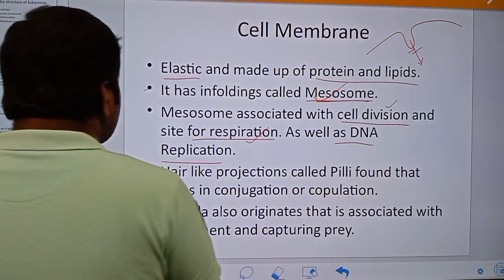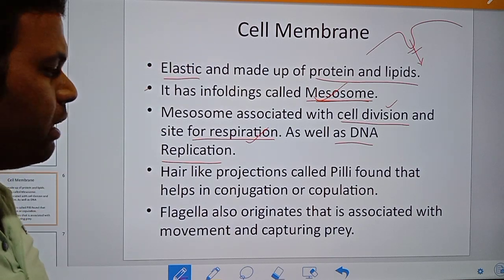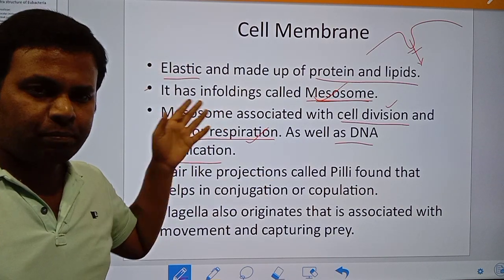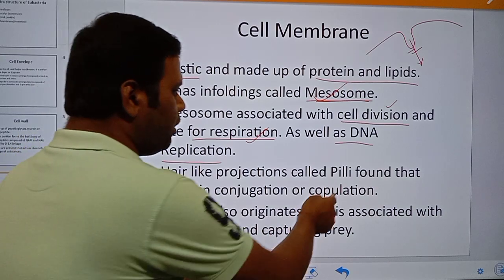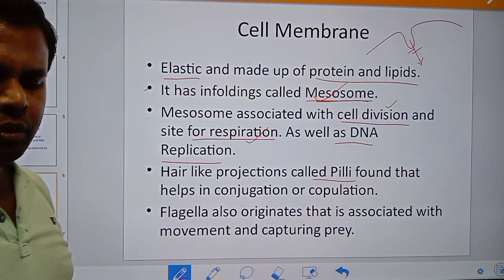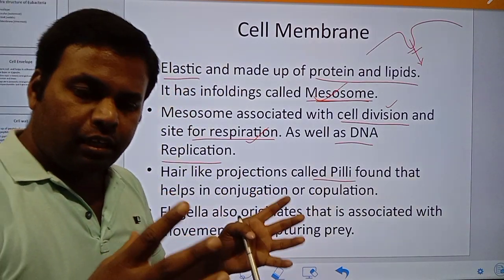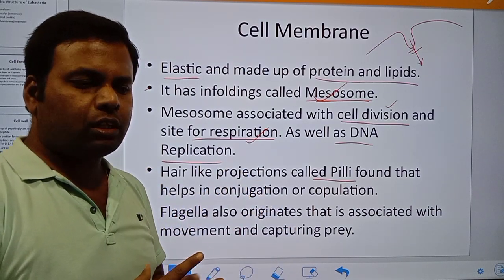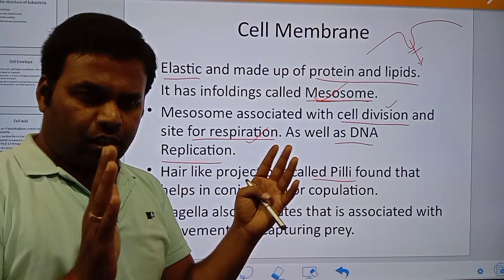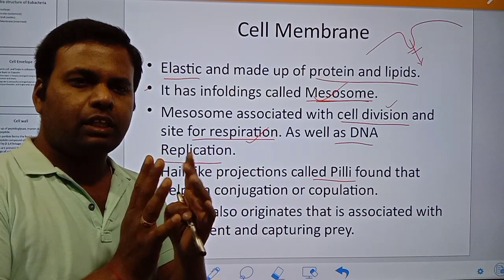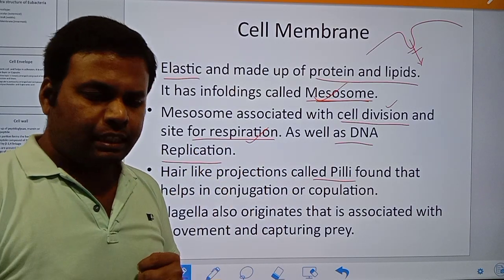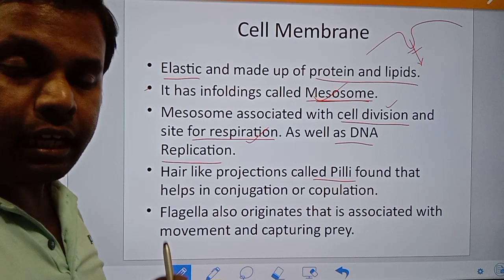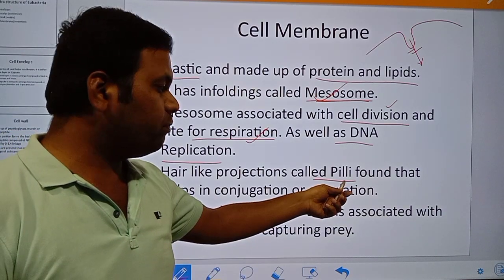Okay. Next, from this cell membrane, hair-like projections called pili or sex pili are also present, which are associated with reproduction by the conjugation system. What do you mean by conjugation? Two different bacterial cells come closer to each other and there will be some connection, and that connection is mostly made with this pili.